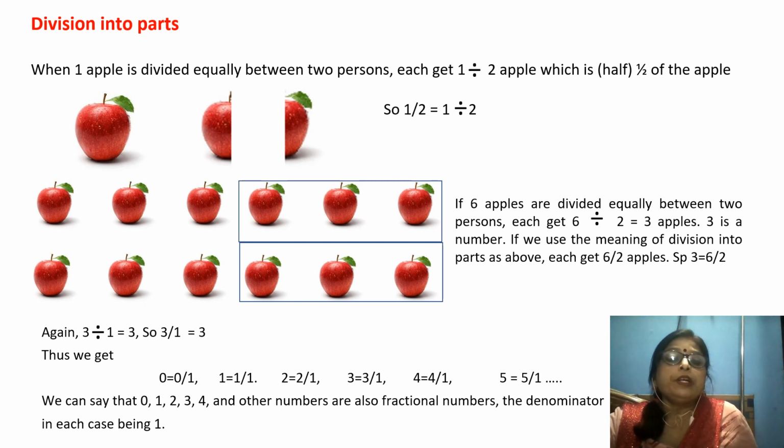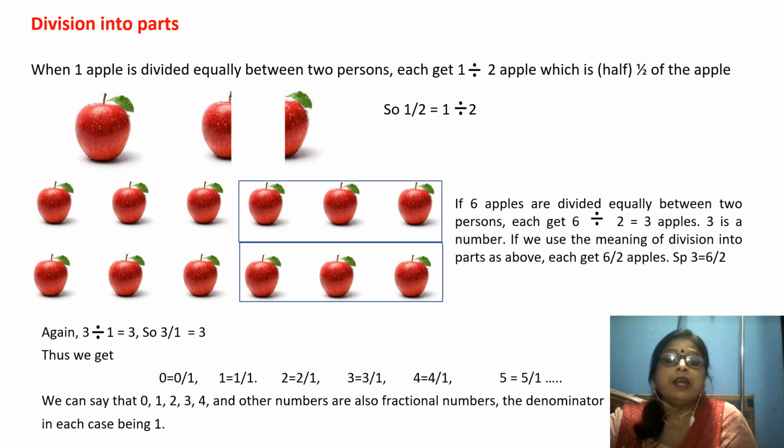So you divide it by 2: 1 divided by 2, and each person gets half of the apple. So 1 by 2 is equal to 1 divided by 2. In this way, you can write the fraction in division form, and each person gets an equal part of the apple.